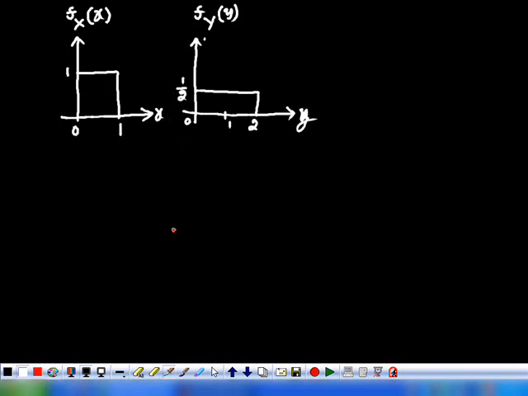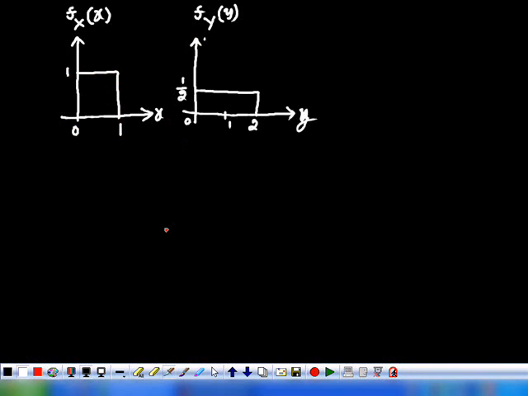The density functions of two random variables x and y are shown. This is the density function of the random variable x, with values 0, 1, and this is also 1. Is it right? What is the area? It is 1 in both cases.